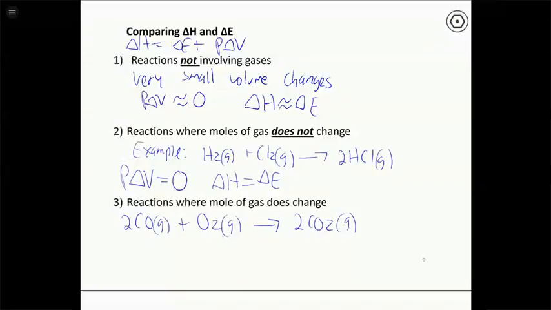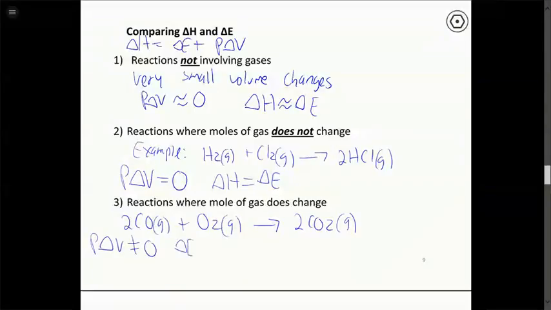We only have 2 moles of gas on the product side, 2 CO2s, so the number of moles of gas is changing. And so in this case, that P delta V term is not going to be equal to 0. It's going to be non-zero, which means that delta H is not equal to delta E, because we now have this non-zero P delta V term that we have to add on to delta E to get delta H.